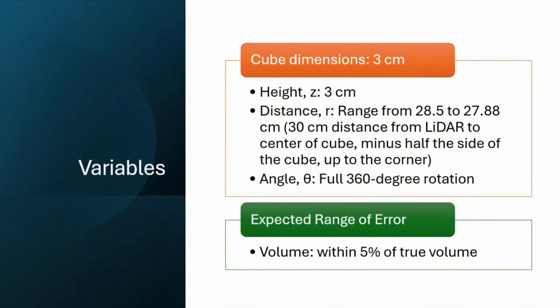And we're expected to fall within a 5% error of the true volume. While scanning the cube, we will measure a maximum distance of 28.5 centimeters to a minimum distance of 27.88 centimeters away from the LiDAR sensor.